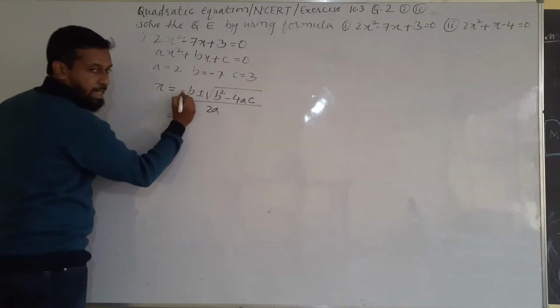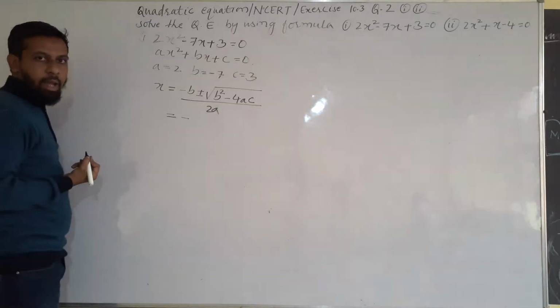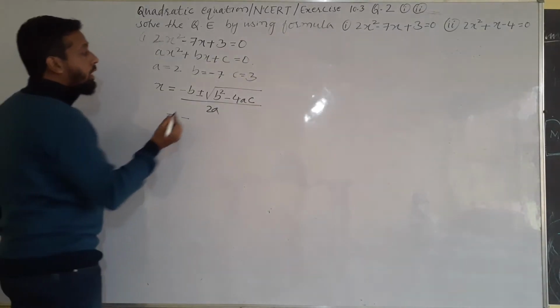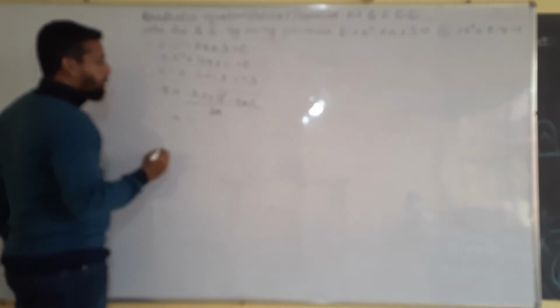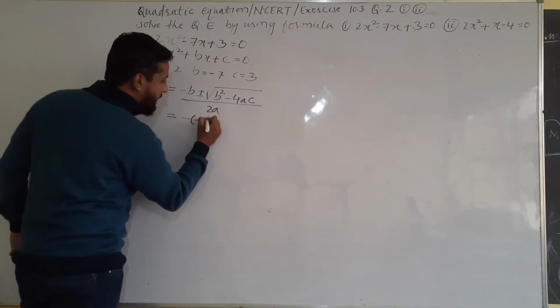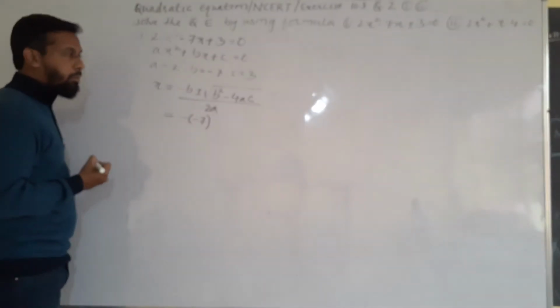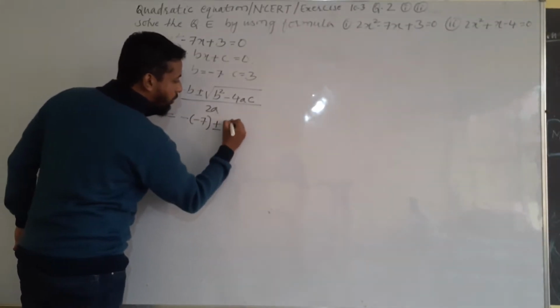First write this minus as it is. Then substitute the value of b. What is the value of b? It's minus 7. Write minus 7 inside the bracket, plus or minus under root of.